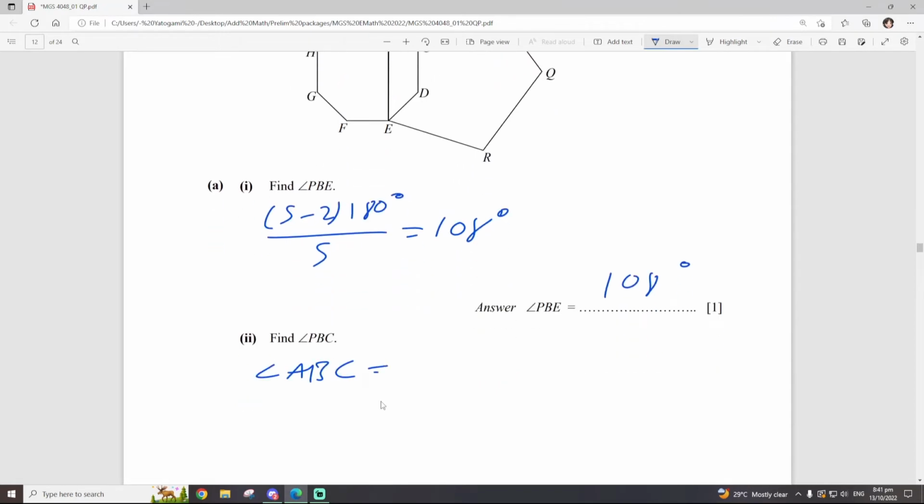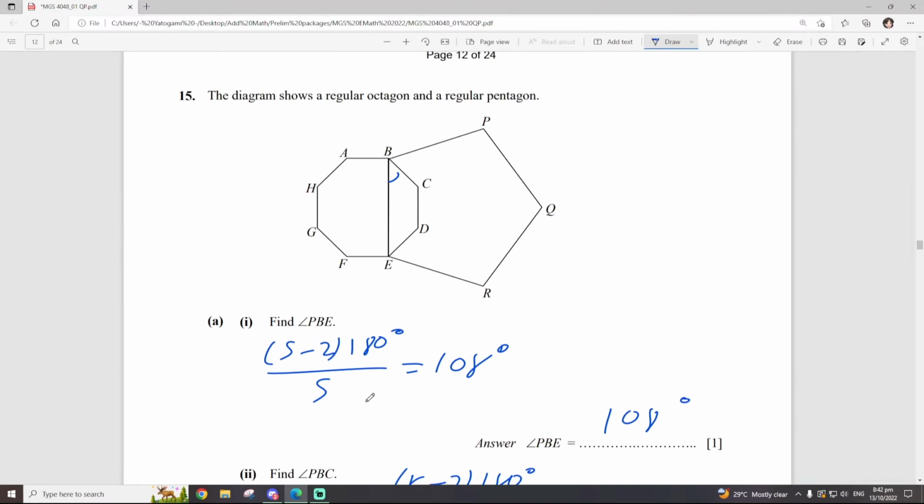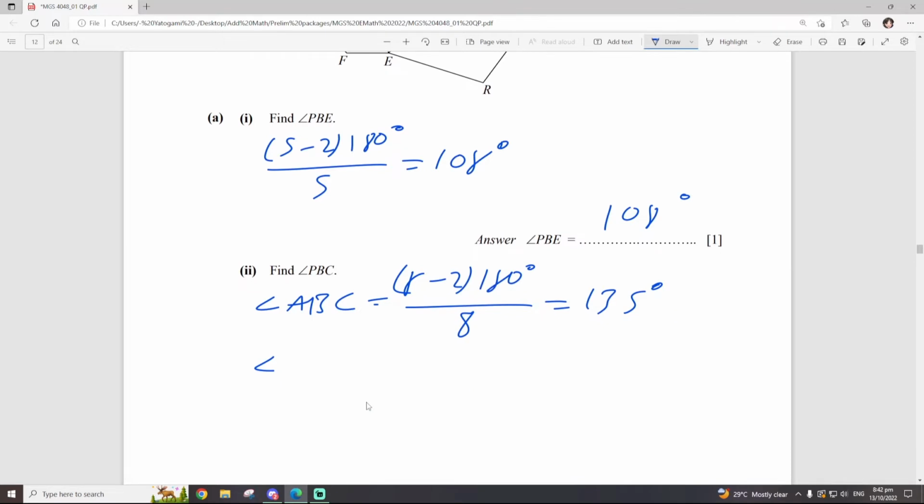equals 8 minus 2 times 180 degrees divided by 8, which is 135 degrees. Then angle EBC equals 135 degrees minus 90 degrees, which is 45 degrees.